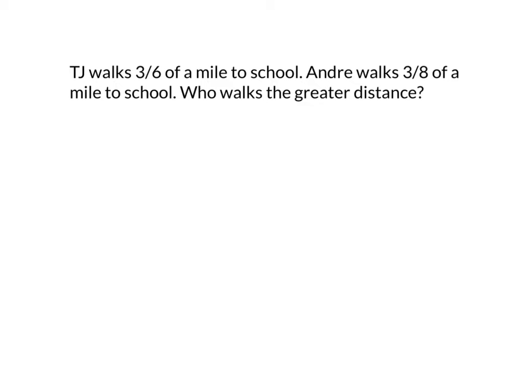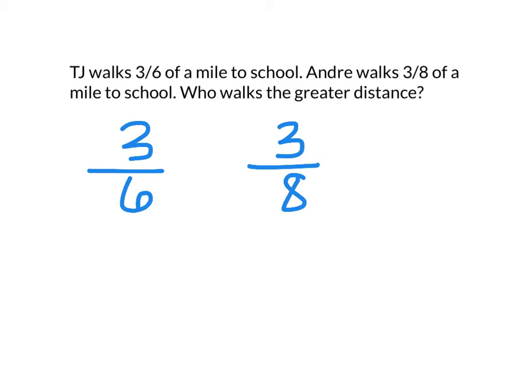This time the problem is TJ walks 3/6 of a mile to school. Andre walks 3/8 of a mile to school. Who walks the greater distance? Go ahead and write your thinking on your sheet of paper. Okay, so for this one, if I write down my fractions here, I can use a few different ways of reasoning.